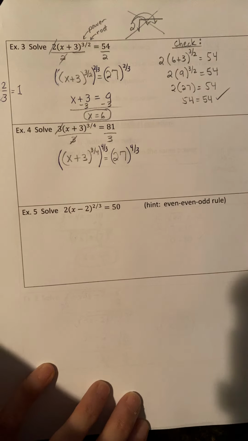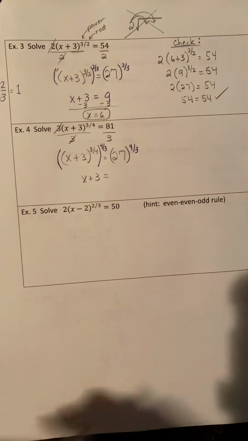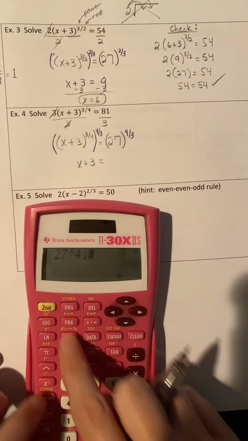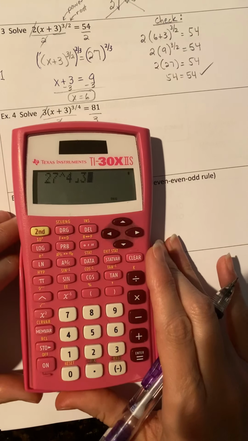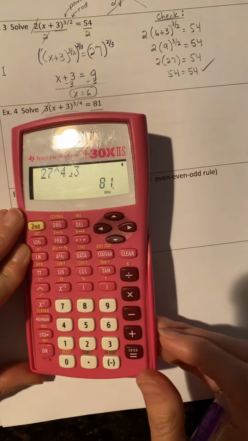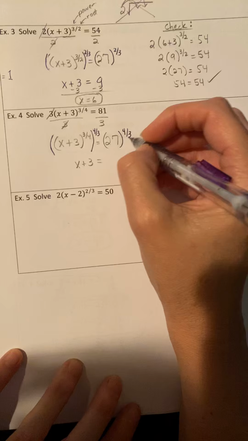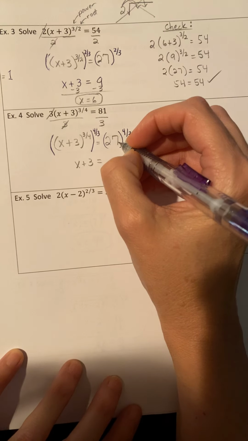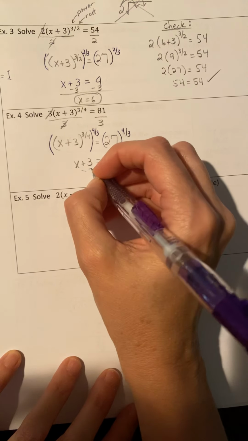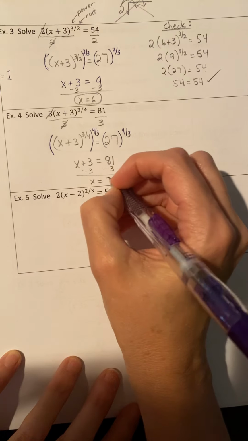So this is x plus 3 raised to the 1. 27 to the 4/3 power. 27 raised to the 4/3. Remember, I'm using the caret button to raise to a power. I'm using the fraction button to type in the 4/3. You get 81. Here's what that means. Cubed root of 27, that's 3. 3 raised to the 4th is 81. And then you subtract 3. And you get x is 78.